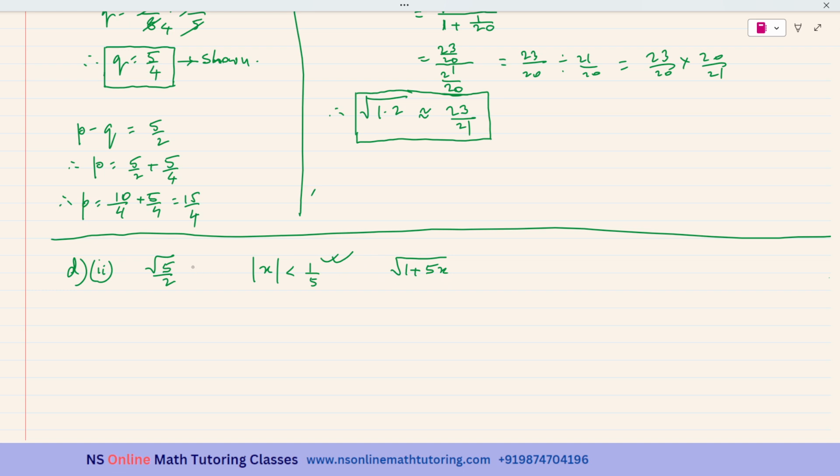Now this root 5 over 2, I can write the half as not within the square root, and I do not want to take the half within the square root because half doesn't have any uncertainty. Half is always 0.5. But square root of 5 is an irrational number, so its decimal equivalent will be an unending decimal number without any repetitions. So there comes the approximation, because we cannot take every digit of the decimal number. We have to take 3 digits, 5 digits, 7 digits. We have to stop somewhere. So there comes the approximation question.